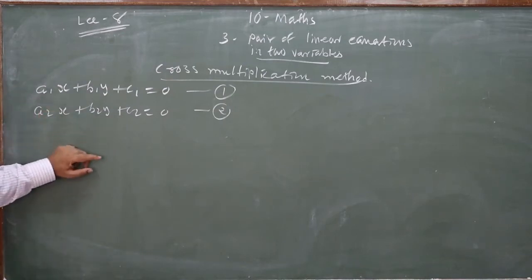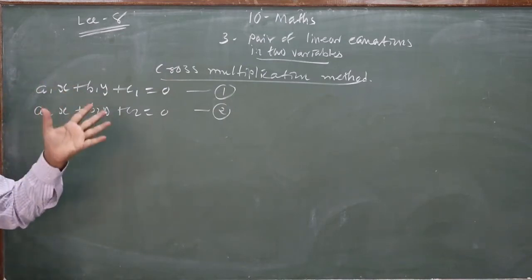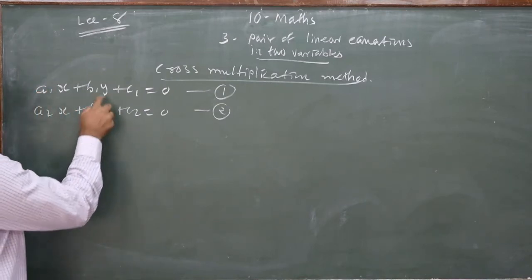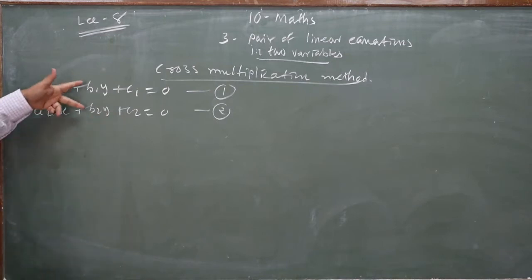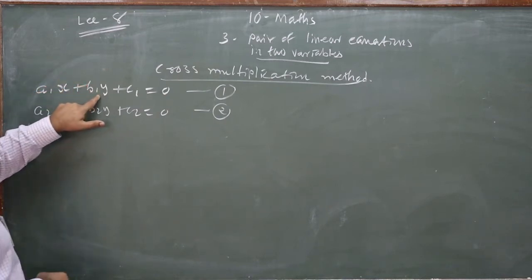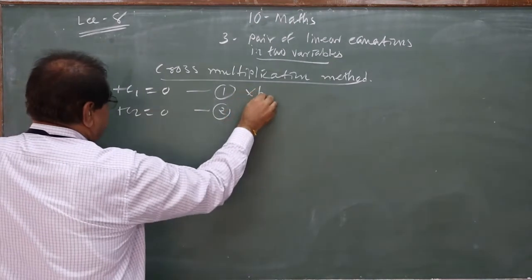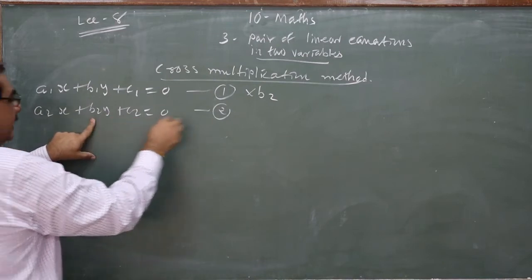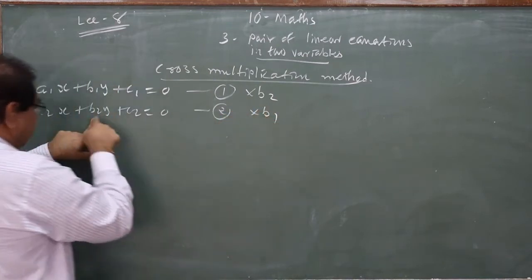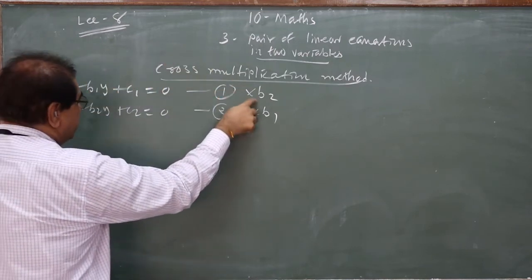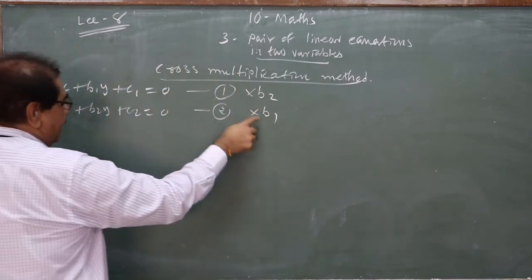Now in the method of elimination, we want to eliminate any one of the variables, either x or y. First of all, if I want to eliminate y, what should I do? The coefficient of y in both the equations should be the same. So for that, equation 1 I multiply by b2, so it will be b1 b2, and equation 2 I multiply by b1, so again it will be b1 b2. Got it? Equation 1 I multiplied by b2, equation 2 I multiplied by b1.